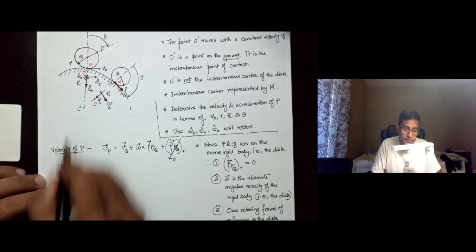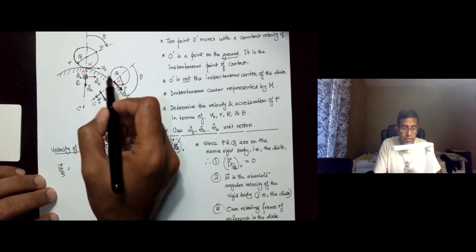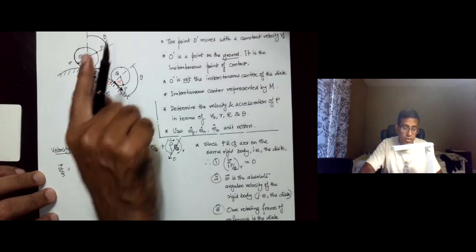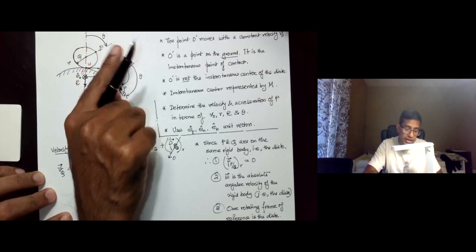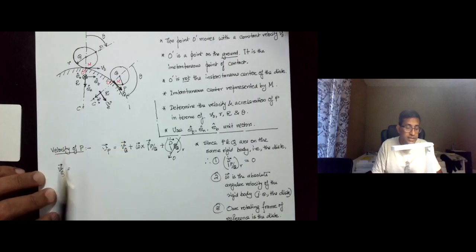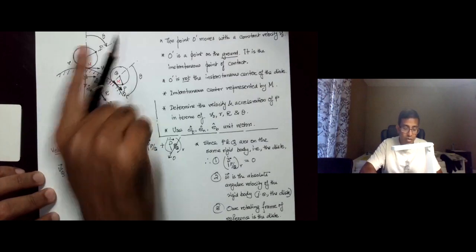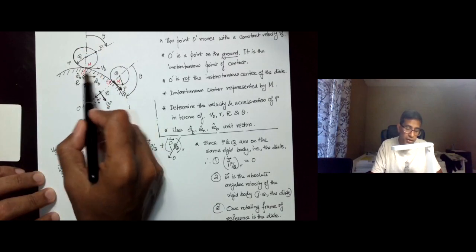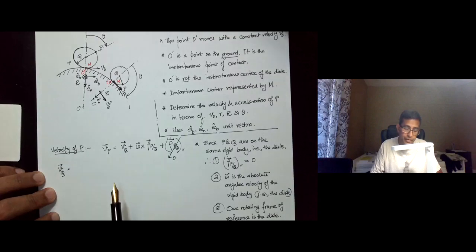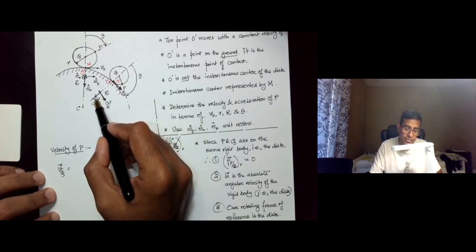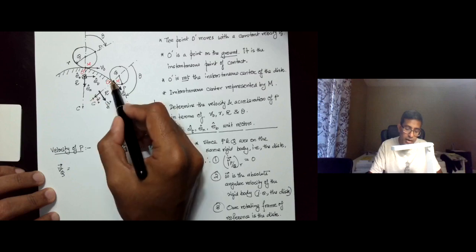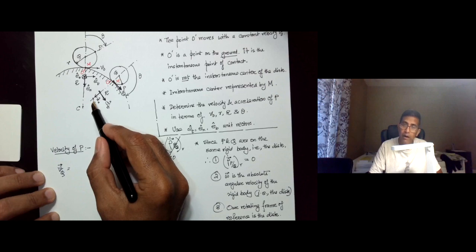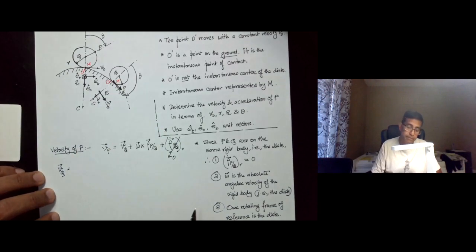and so therefore the velocity of Q is going to be just a linear extrapolation, because this whole line is turning about the point C at this instant. This whole line CQ is turning with an angular velocity of V0 divided by R. And if you also consider this whole line C O prime Q, that line is turning with an angular velocity of V0 divided by R. Of course, R is changing from time to time.